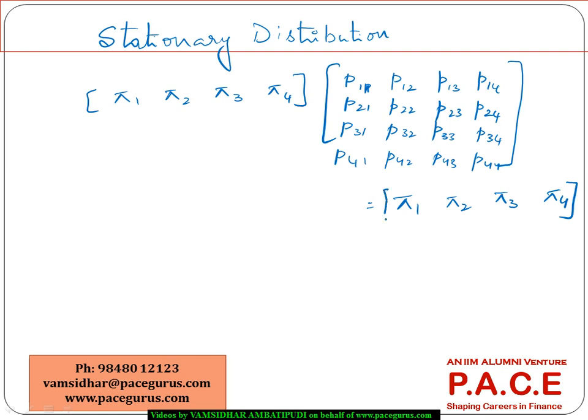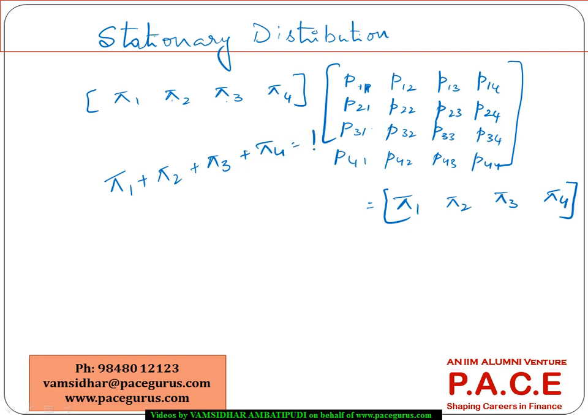From here I can do the simplification: pi 1 p11 plus pi 2 p21 plus pi 3 p31 plus pi 4 p41 equals pi 1. Like that I can have a set of equations to solve. One more rule is that the summation pi 1 plus pi 2 plus pi 3 plus pi 4 should be equal to 1.